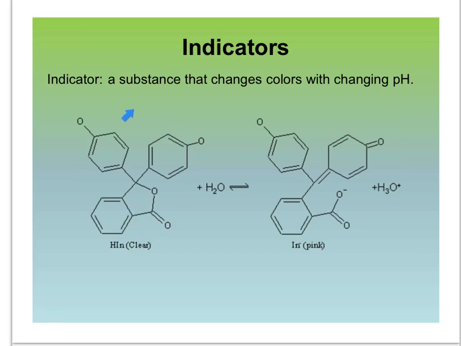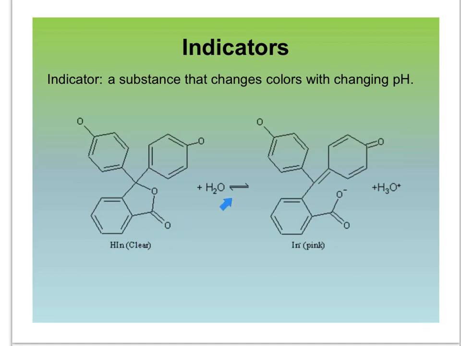And because it's a weak acid, when you put it in a base, that hydrogen can be donated. Remember, an acid is a proton donor. So when it gives away a proton or an H+, it changes its structure. And because it changes its structure, the way that the double bonds are makes it have a different color.